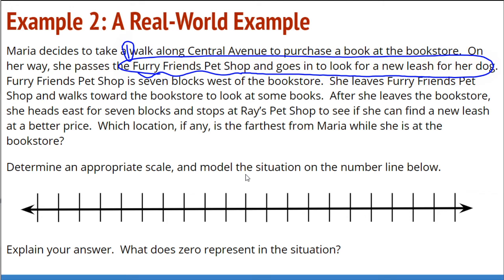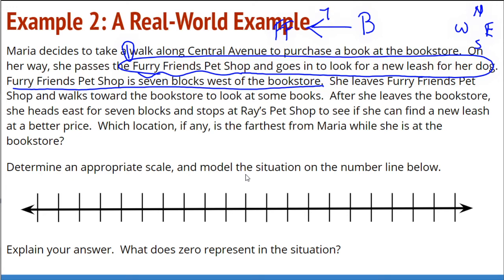It says that Furry Friends is 7 blocks west of the bookstore. So I have the bookstore, and if I go to the west, which I'm going to call this direction because I'm going to have north, east, south, and west. So I have the bookstore. If I go 7 blocks west, I'm at Furry Friends. 7 blocks. Okay.